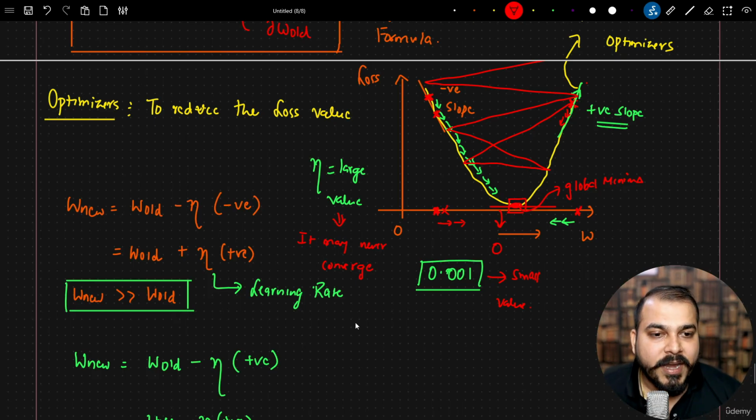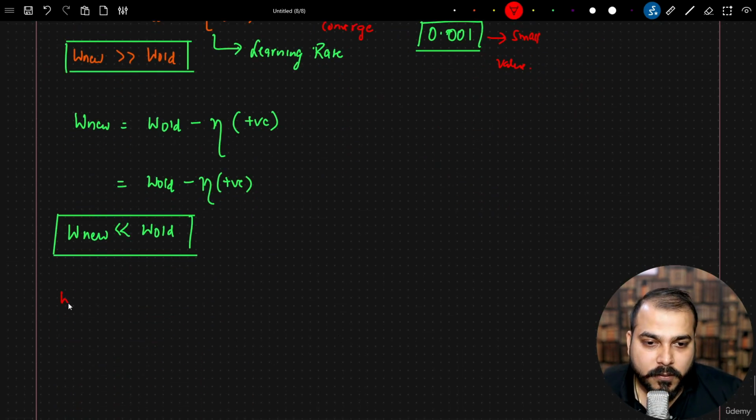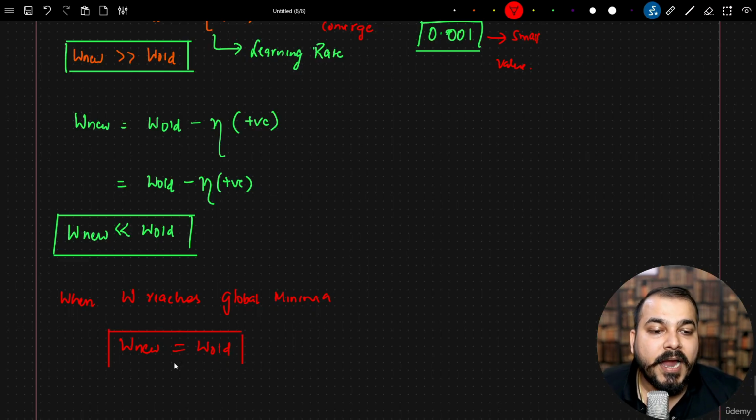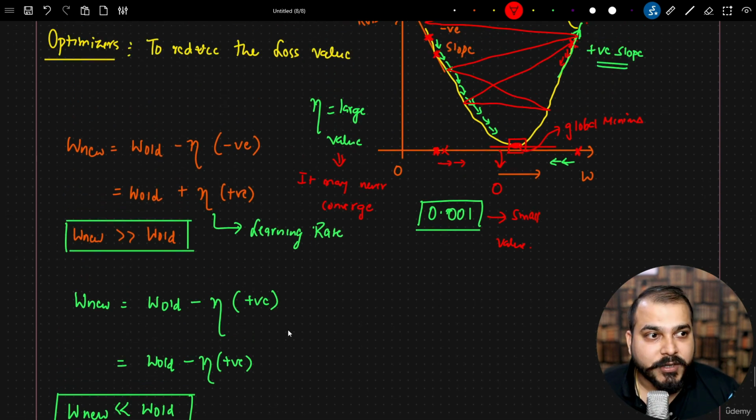So I'm going to put a very important point. When W reaches global minima, my W new is equal to W old. That basically means I have reached my global minima.